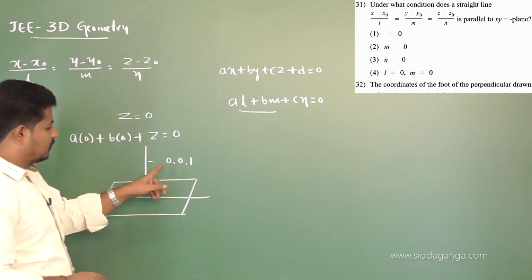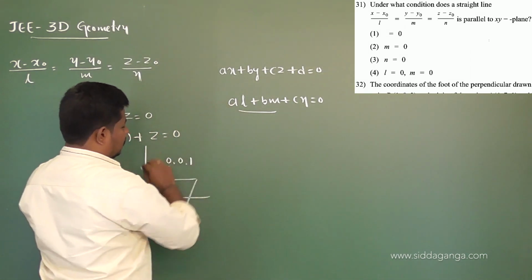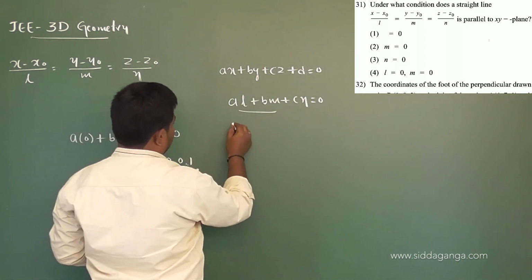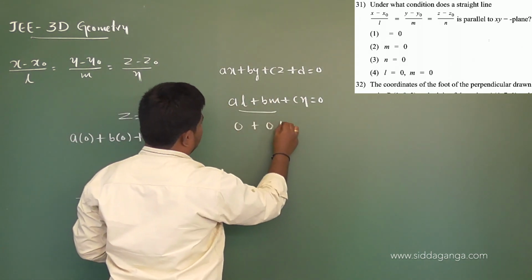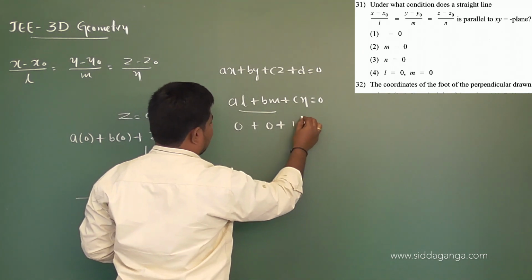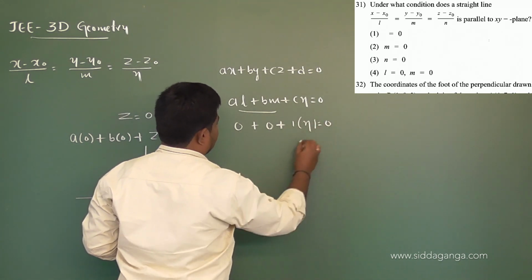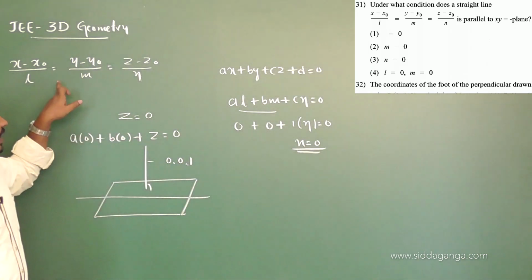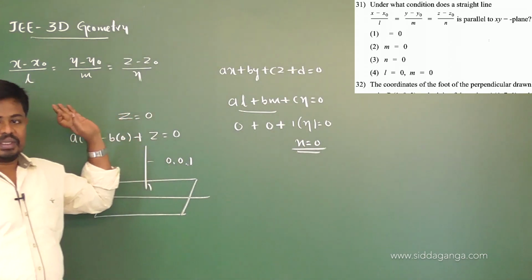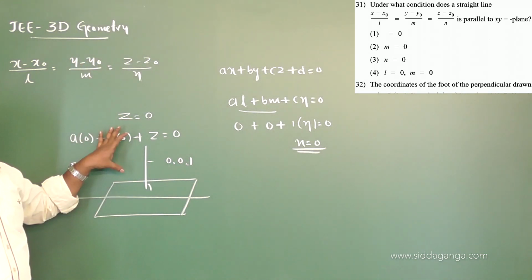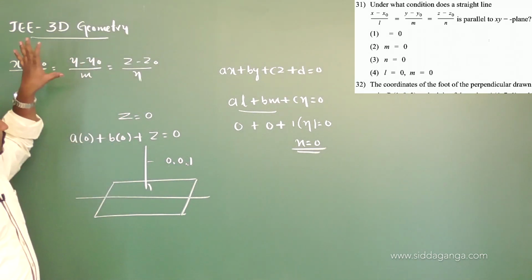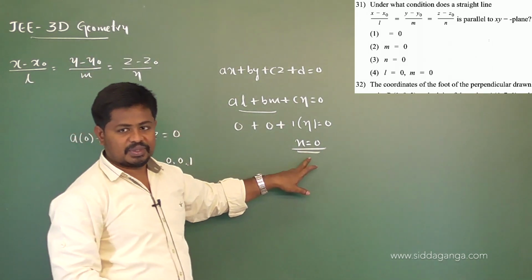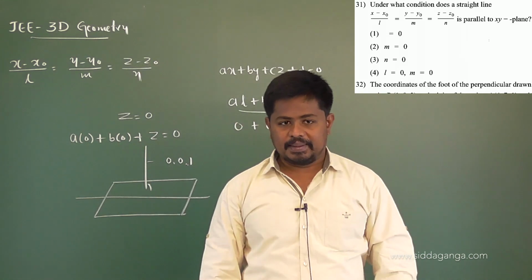Let me substitute 0, 0, 1 in this condition: in place of a 0, in place of b 0, in place of c 1. So you get 0 plus 0 plus 1 into n, that is equal to 0. So n is equal to 0. This is the condition for a line to be parallel to the xy plane. Condition for a straight line to be parallel to the xy plane is what? N is equal to 0. Okay, so option 3 is the correct one.